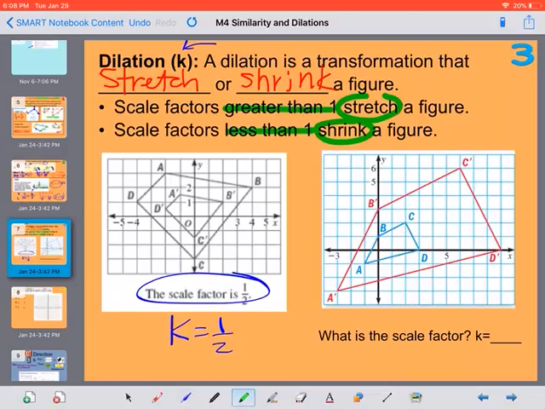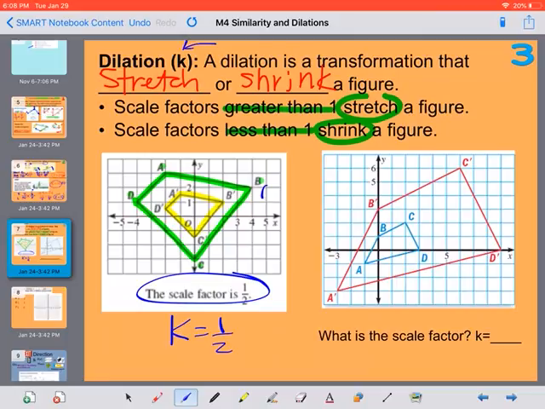So as you can see, here's our original figure, A, B, C, D, this shape here. And you can tell that this shape on the inside is the one that was changed because it has the little tick marks, A prime, B prime, C prime, D prime. And the scale factor did what to all the points? Well, it made them smaller by a half.